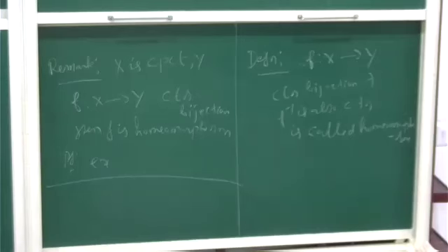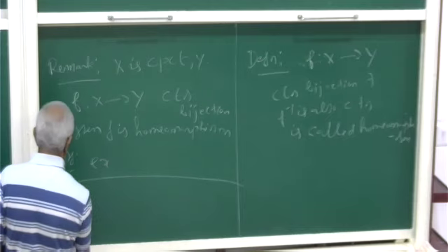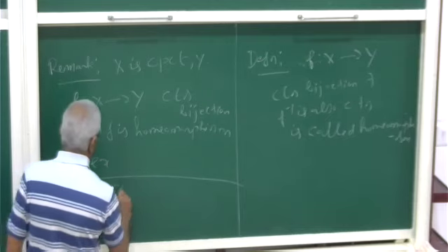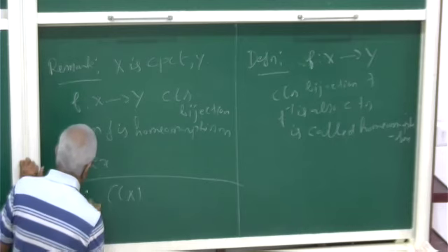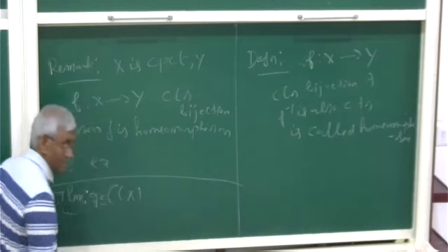We were discussing the Arzela-Ascoli theorem in the last class. We have C of X, where X is a compact metric space, and a subset contained in it.